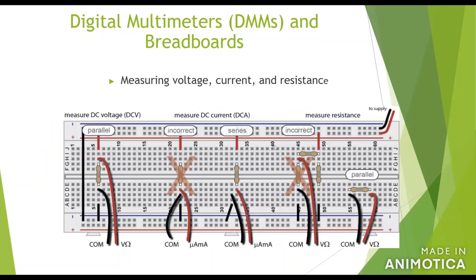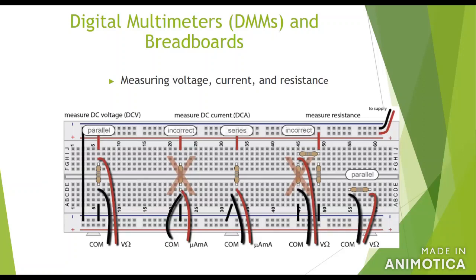And this is another example of a breadboard. If you want to measure the voltage, you can use your DMM. These are the two wires of the DMM. You put the DMM over the resistor to measure the voltage. If you want to measure the current, how can you do it?